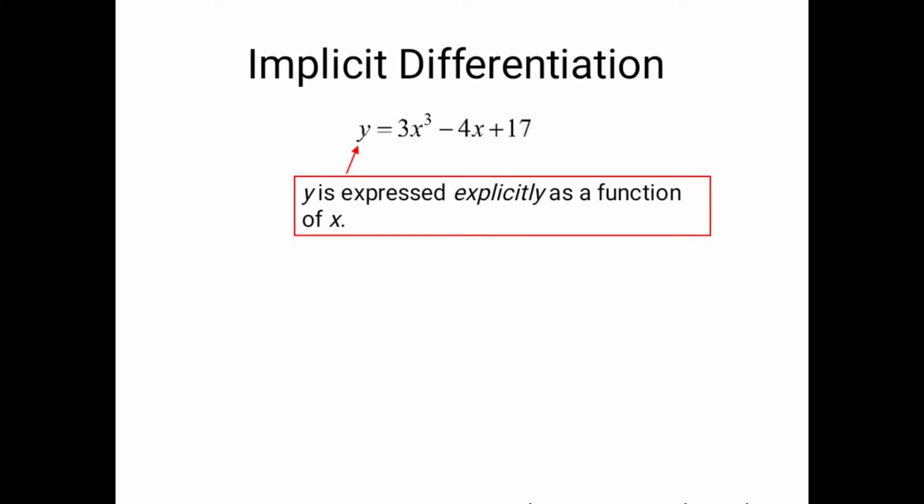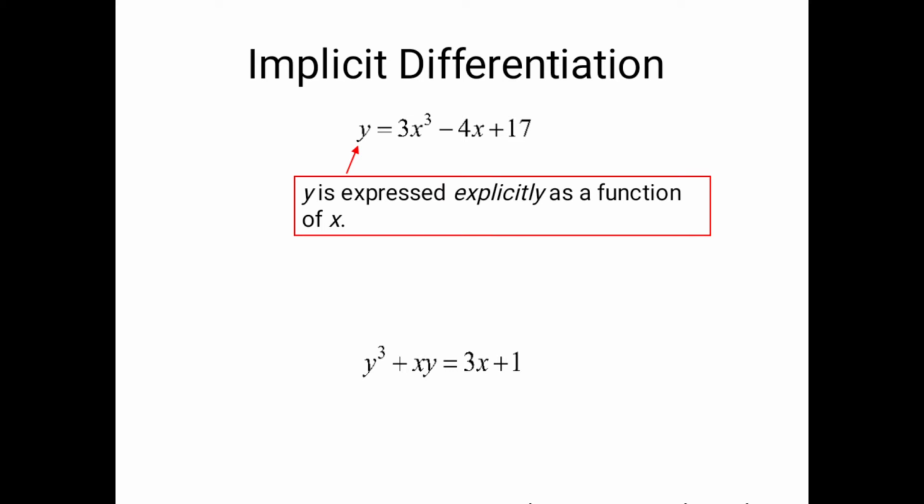However, sometimes functions are defined by equations in which y is not alone on one side. For example, we have y cubed plus xy is equal to 3x plus 1.